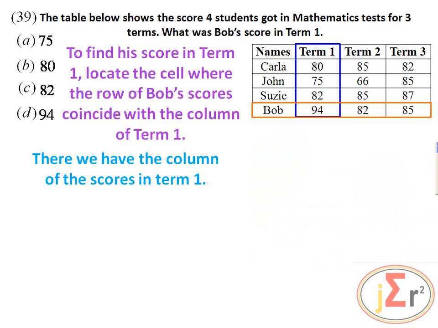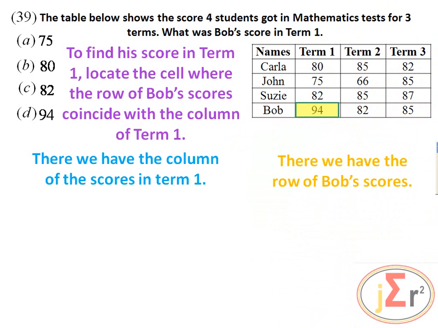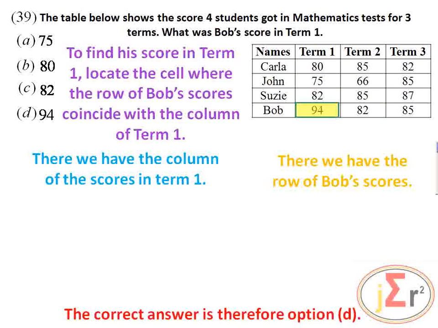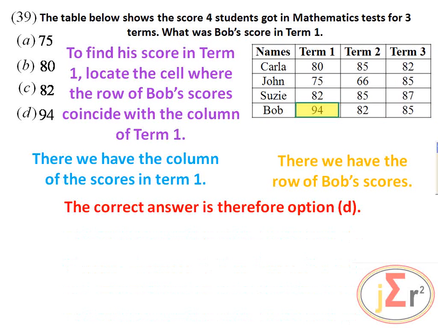All of Bob's scores are highlighted, and all of the scores of term 1 are highlighted. The correct answer is therefore option D.